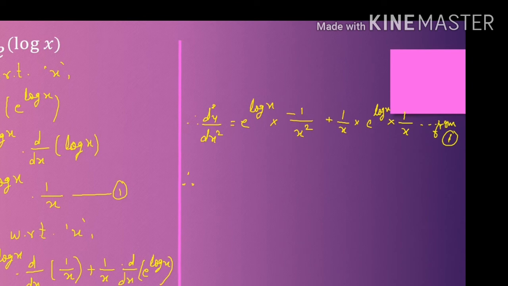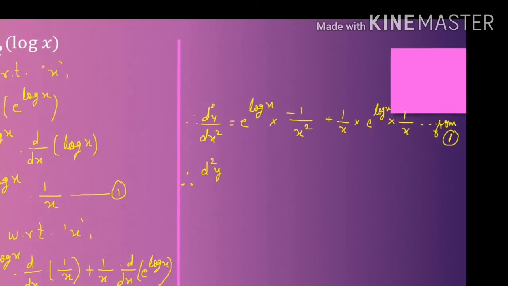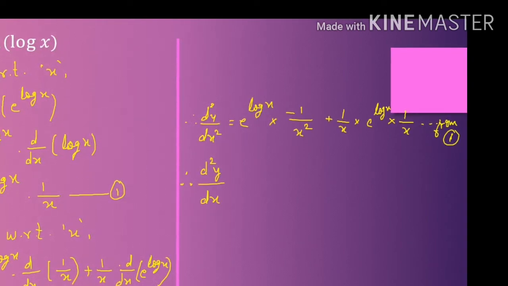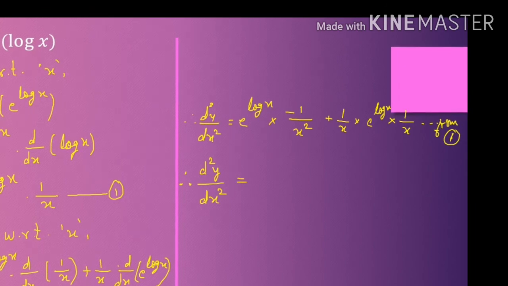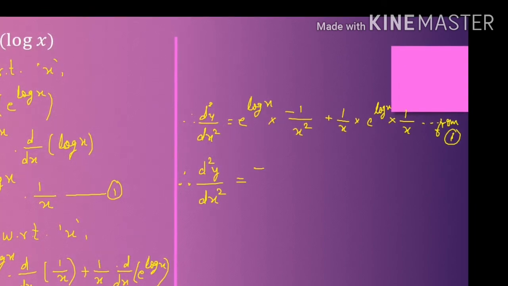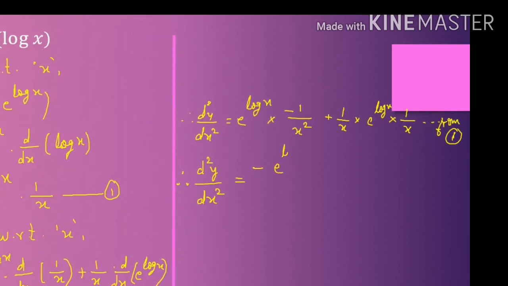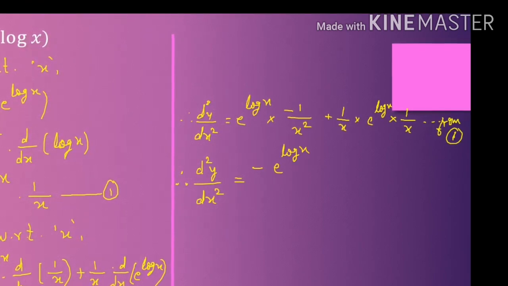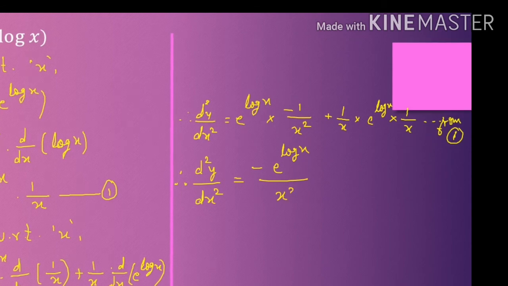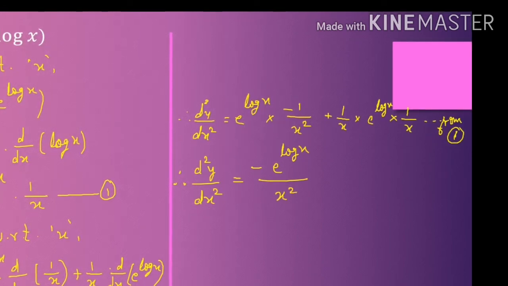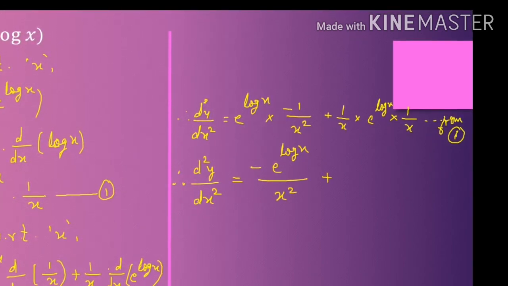So you get d square y upon dx square is equal to minus e raised to log x upon x square, and this also, 1 upon x into 1 upon x will become 1 upon x square.